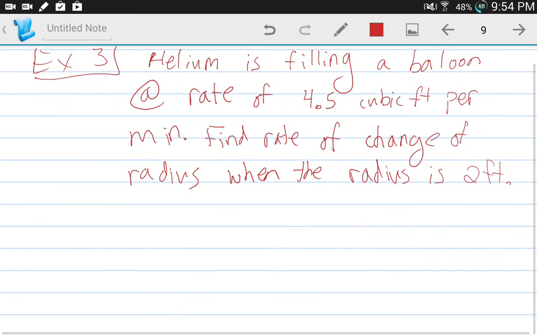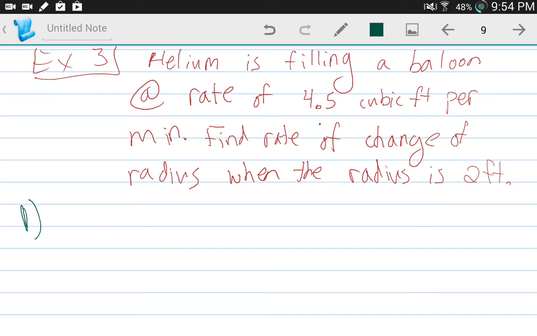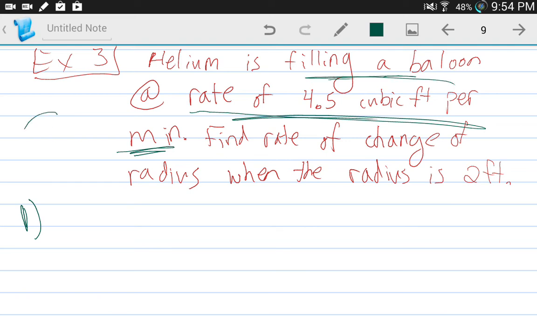So now we do step 1, right? Identify our givens, identify the problem. So we have a rate of 4.5 cubic feet per minute, and it doesn't really tell us radius or whatever, but it does tell us that this is the rate at which helium is filling the balloon. So if we think about a balloon, it's a 3D sphere, and if helium is going into it, that's the volume.